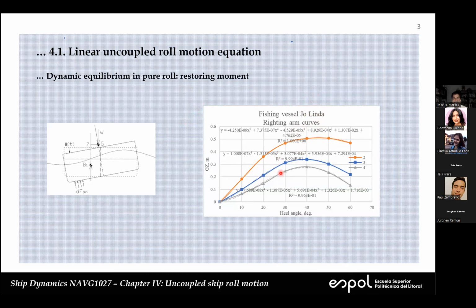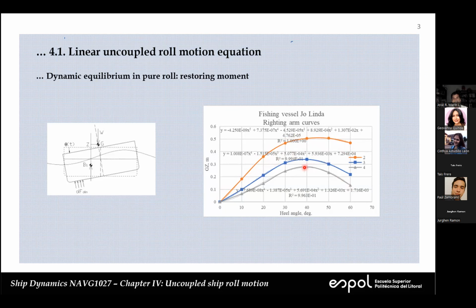And these are the righting arm curves in 3 loading conditions. This orange curve is the condition when they depart from port. In this condition, diesel tanks are full, water tanks are full, and also all the holds are full with seawater right now. That's the way they come out from the port.